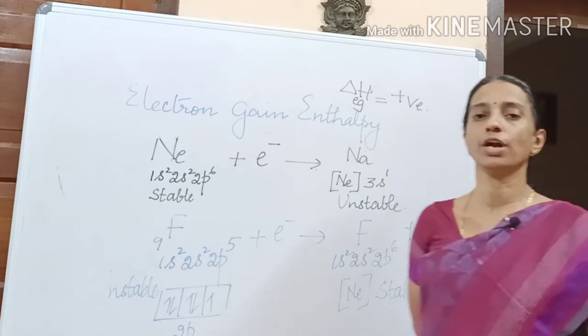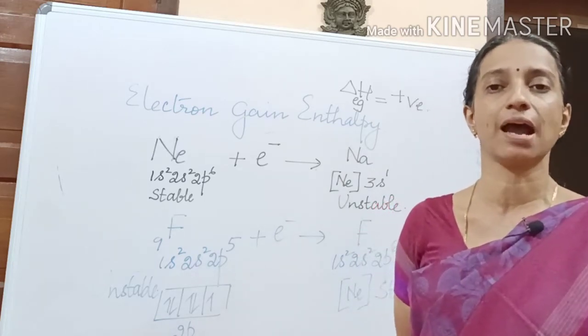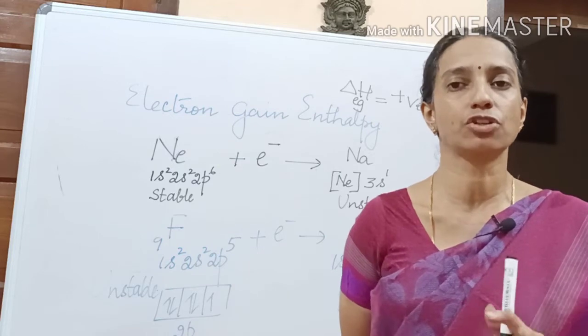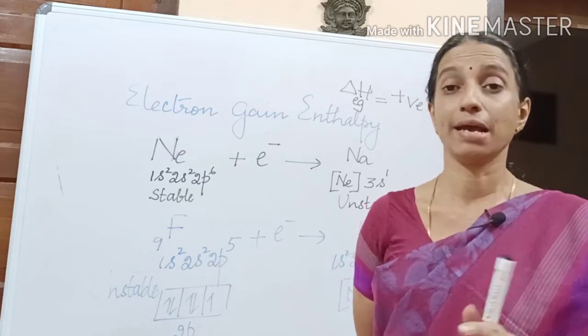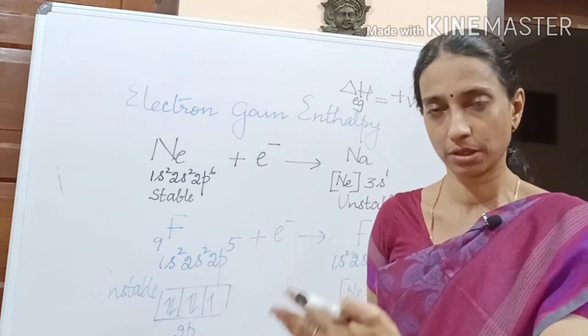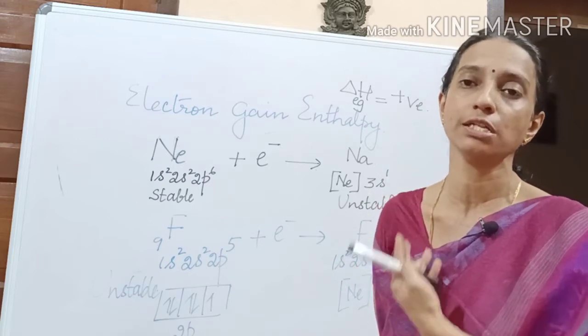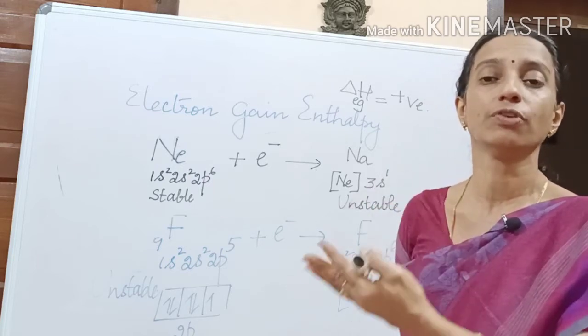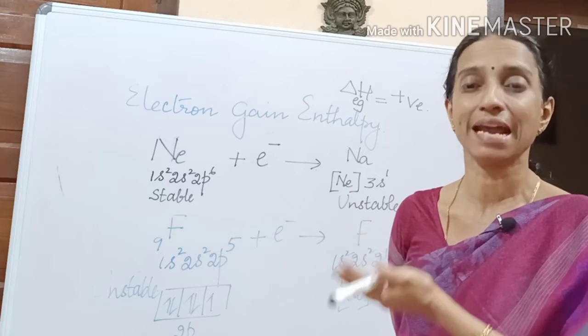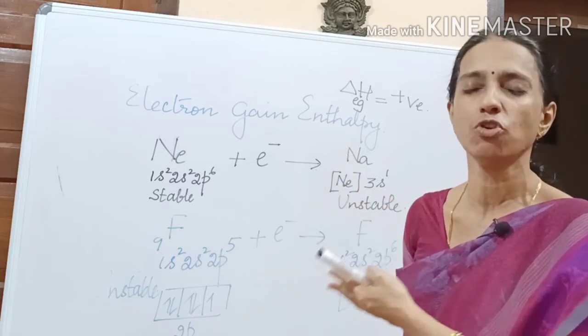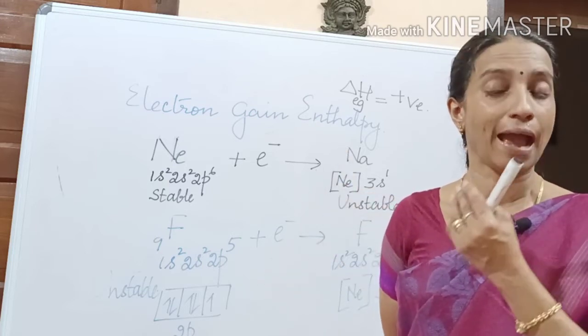So group 18 elements have positive electron gain enthalpies, whereas in groups 13, 14, 15, 16, 17, the values become negative, and it becomes more and more negative up to halogens.